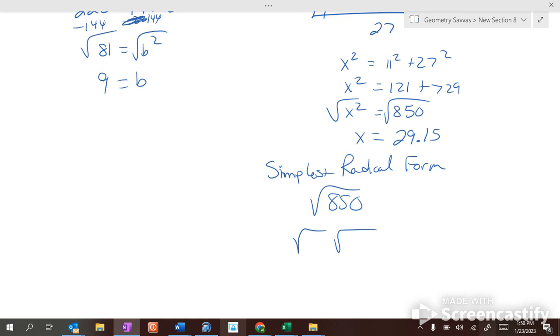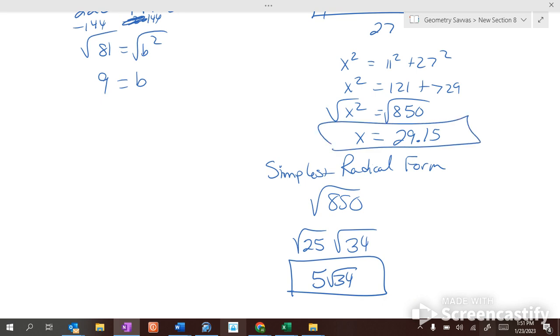Well, 100 doesn't go in there. 81 probably doesn't. 64 probably does not. 49, no. 36, no. 25? How many times does 25 go into 850? 34. Any perfect squares go into 34? No. So it would be 5 square root of 34 in simplest radical form.